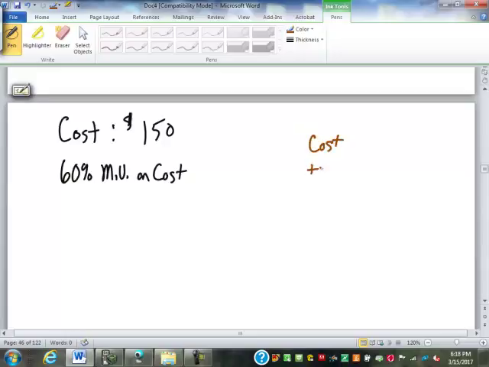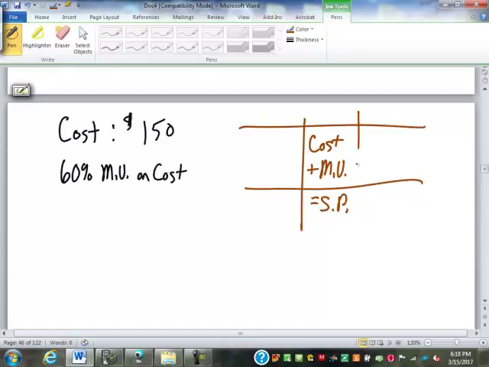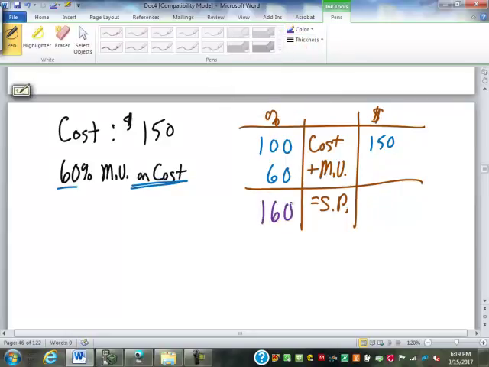Okay. Cost plus markup equals selling price. Percent and dollars. We know the $150 cost. We know the 60% markup. Now, the markup based on cost is telling us that the cost represents the 100%. So then we add the 100 and the 60 to get 160%, which is the selling price.